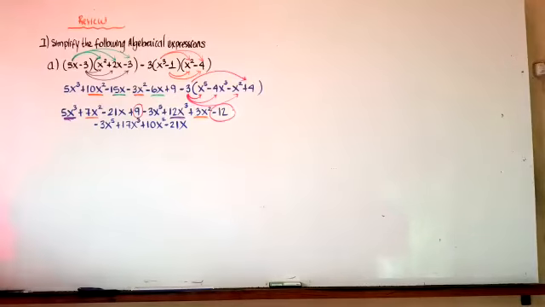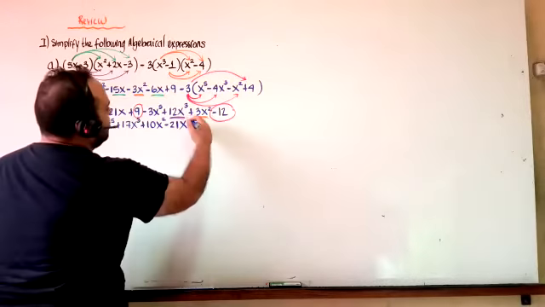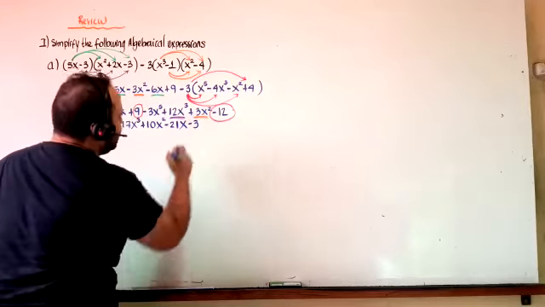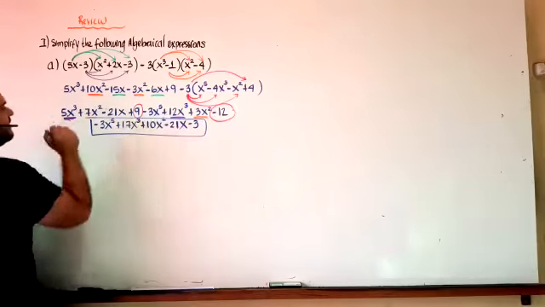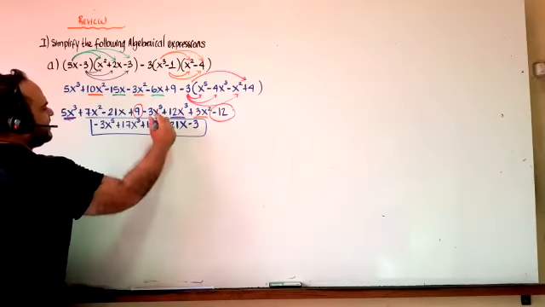You know, 9 minus 12 will be negative 3. Remember, different signs, we subtract those numbers and copy the sign of the biggest number. And that's why the result will be negative 3. And we have the answer of this algebraic expression.